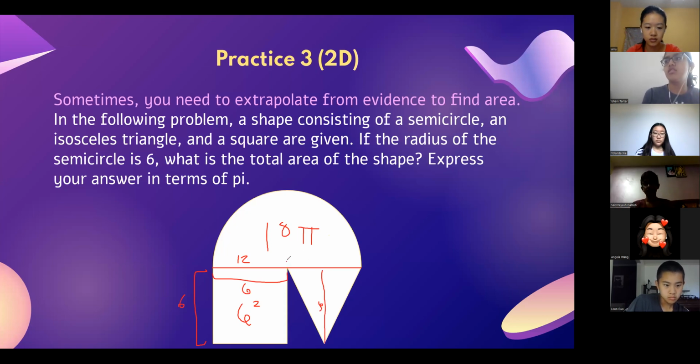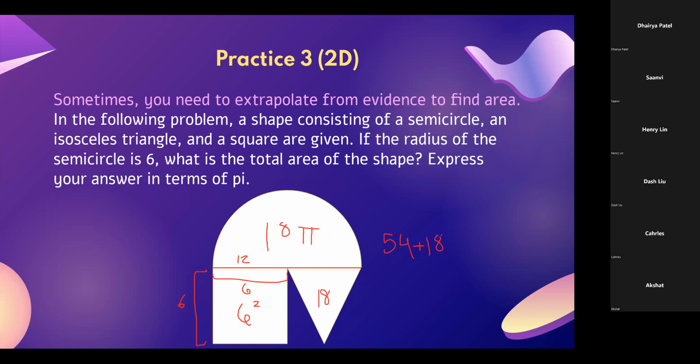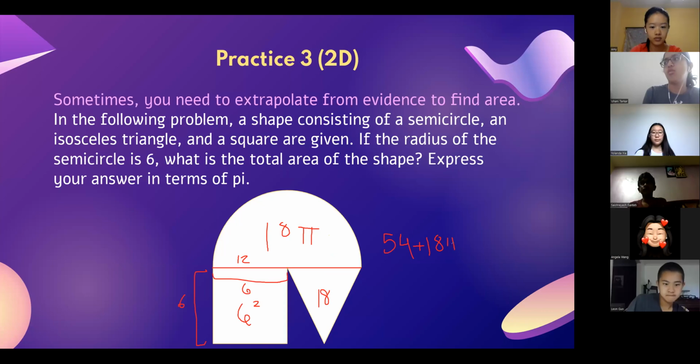And the base of this triangle is also 6, because as we said earlier, the radius of the semicircle is 6. So we do 6 times 6 divided by 2 to find the area of this triangle, and we get 18. Now we do 36 plus 18, which is 54, plus 18 pi. So 54 plus 18 pi is correct.